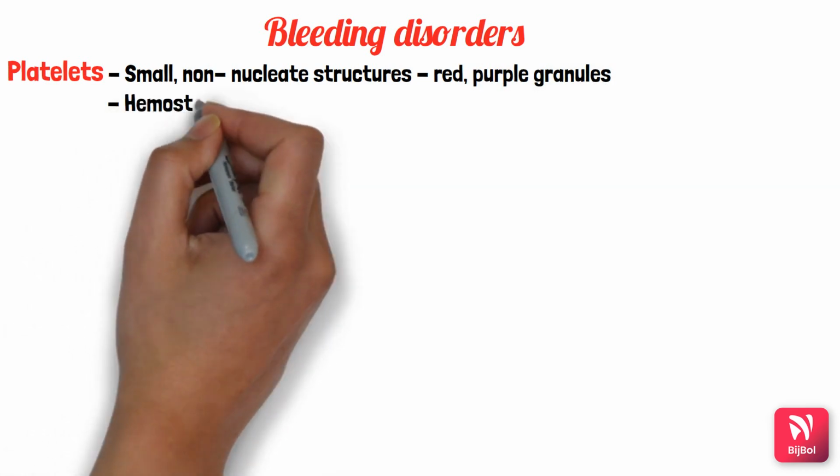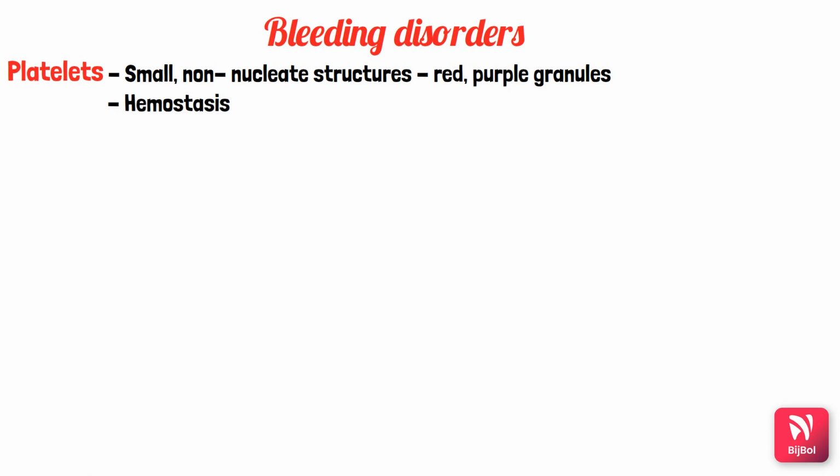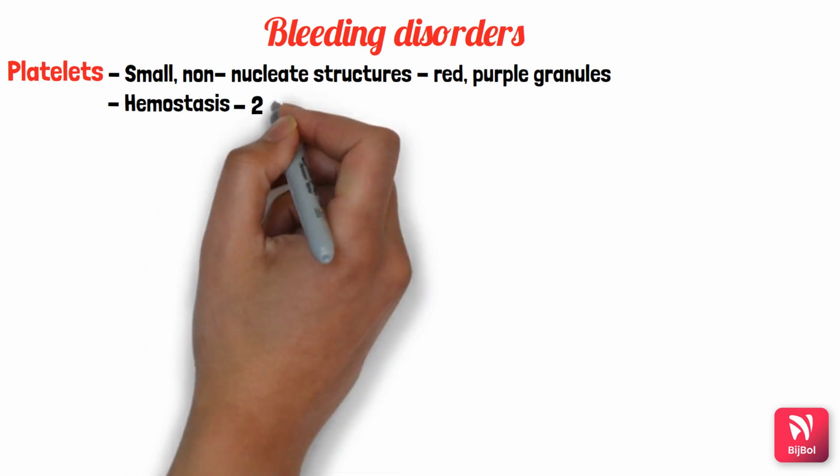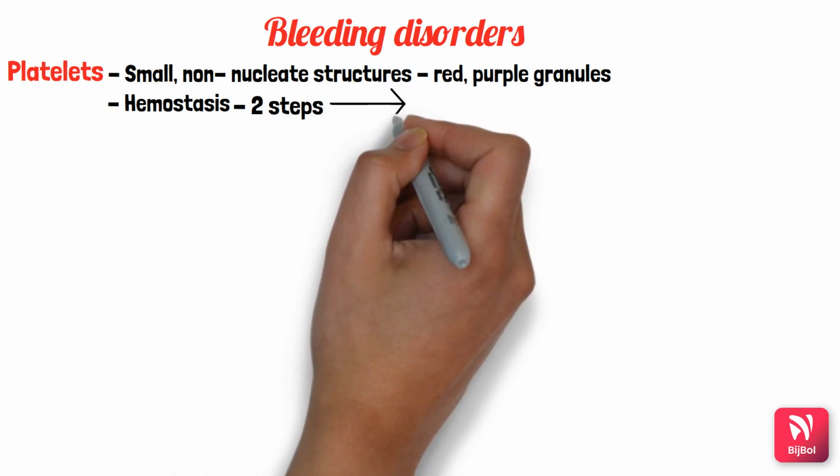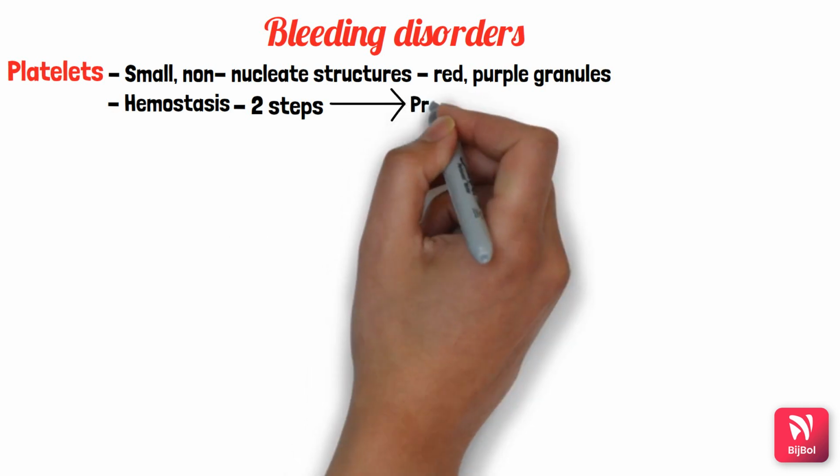Like I told you, platelets help in clotting. Whenever there is any injury, blood has to clot to restrict the bleeding. That process is called hemostasis. It occurs in two steps: primary hemostasis and secondary hemostasis.